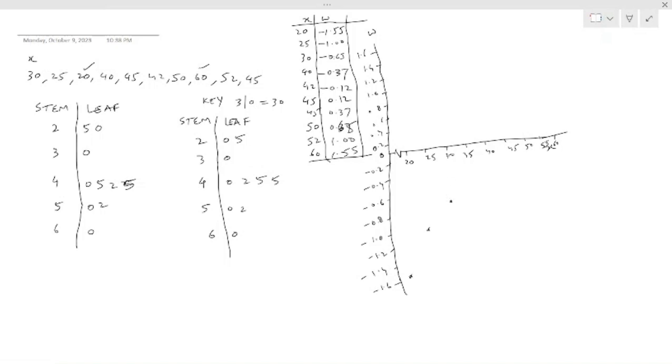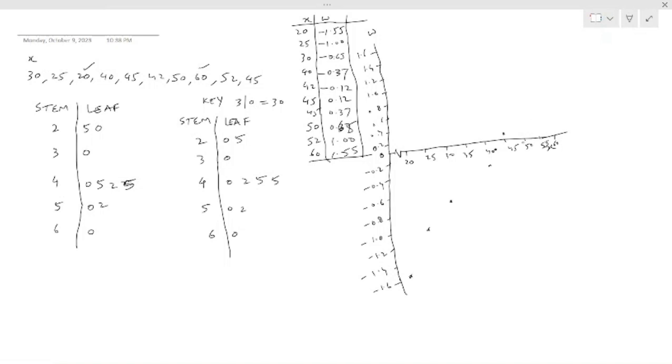Then across 40, that's minus 0.37, roughly here. Then across 42, we have minus 0.12. That's over here. Then we have 0.12 at 45 here.